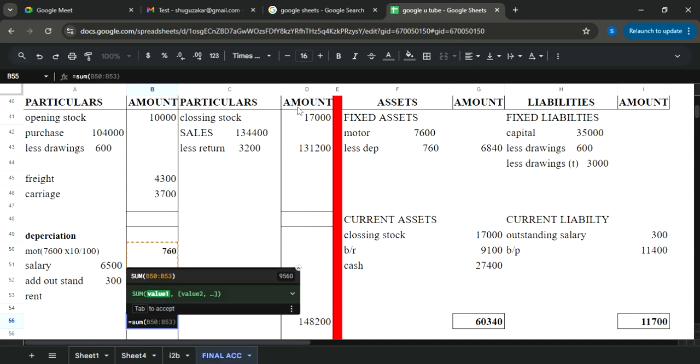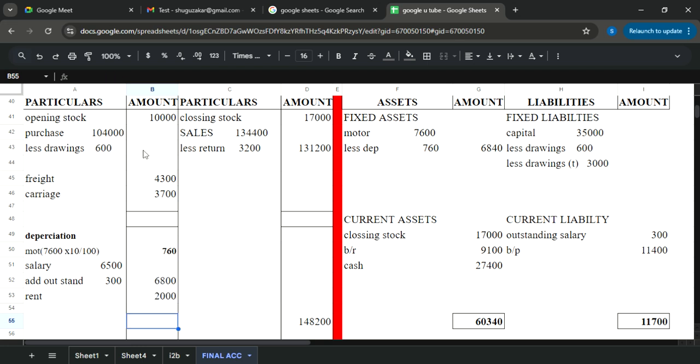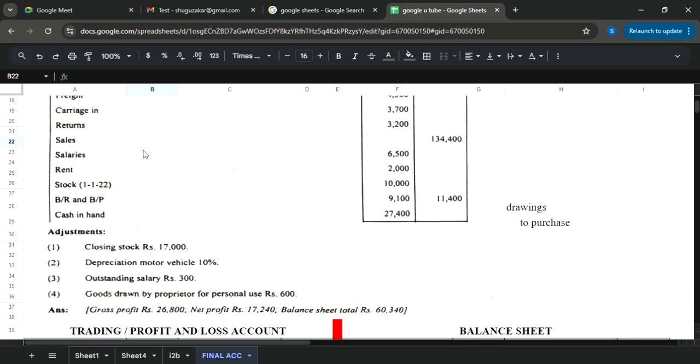For that purpose, you need to calculate net purchases as well. 104,000 minus 600 returns.